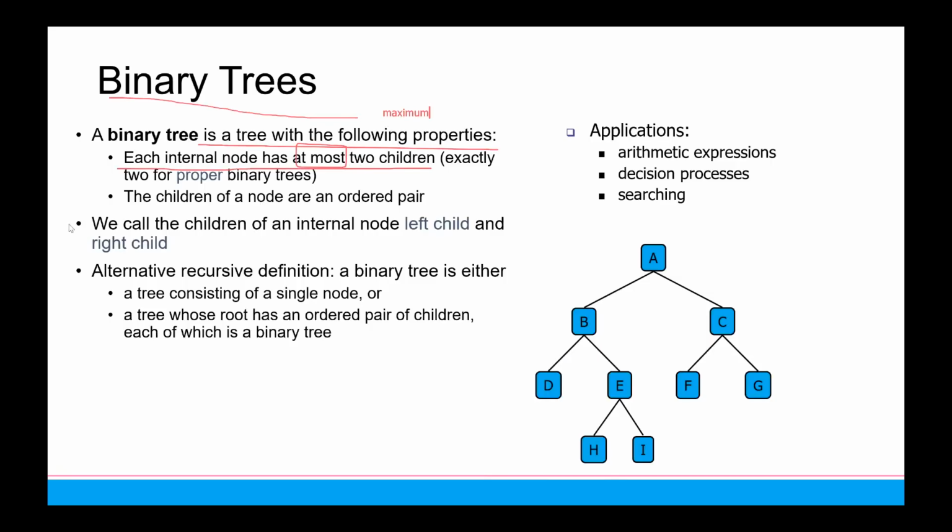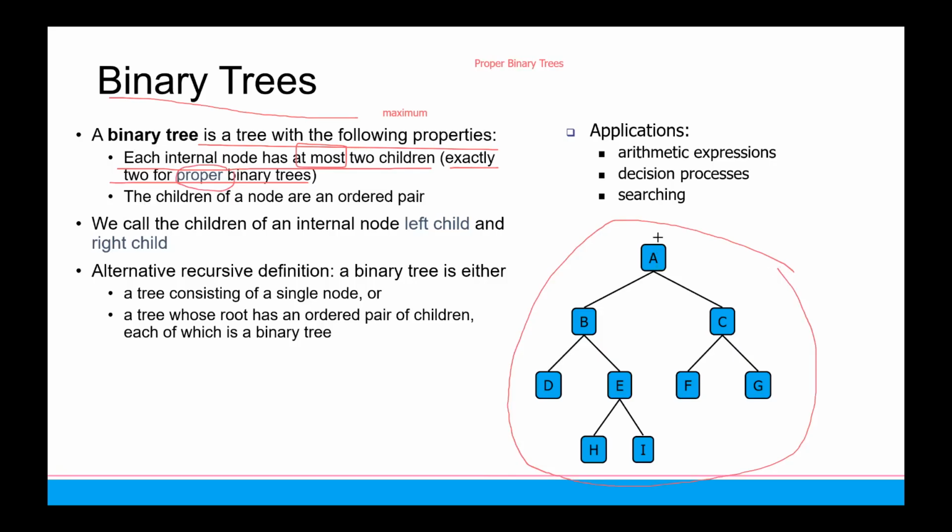If it is exactly two children, it is a proper binary tree. Proper binary trees means, this is a proper binary tree.